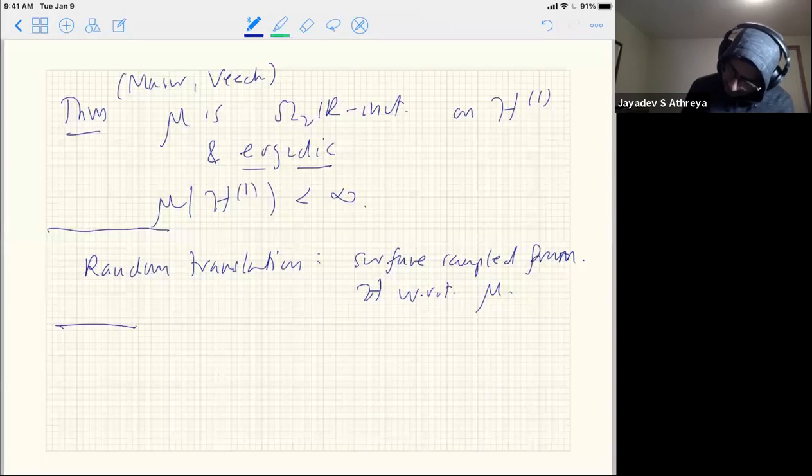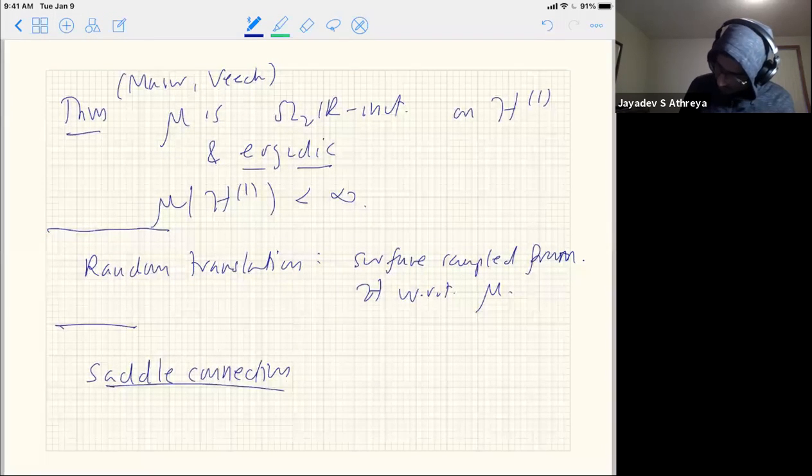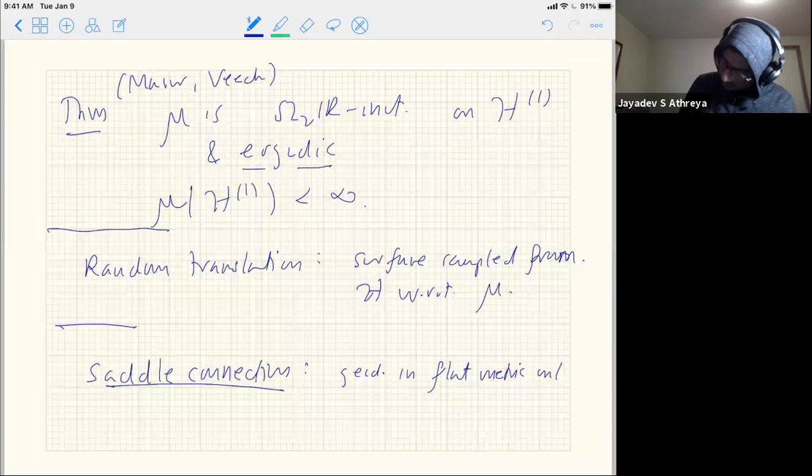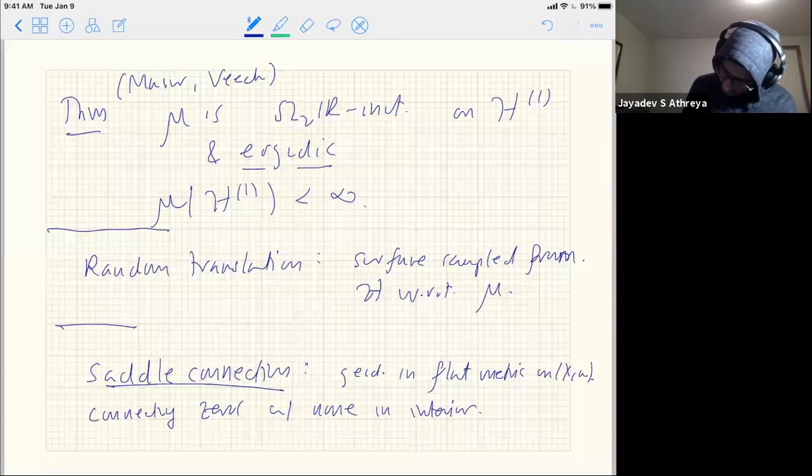So now let's go back to our counting problem. We have this idea of a saddle connection. A saddle connection was a geodesic in the flat metric on X omega, connecting zeros with none in its interior. That is, it's a geodesic map, let's say gamma from 0 to t, where t is going to be the length.